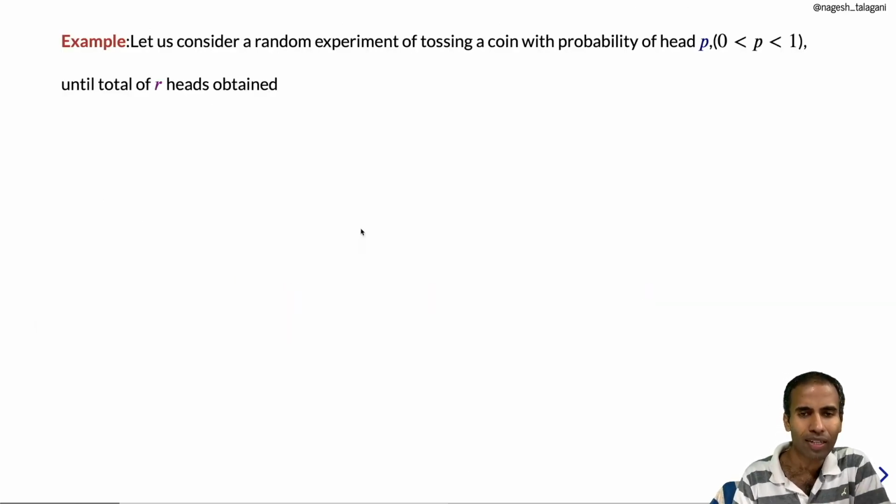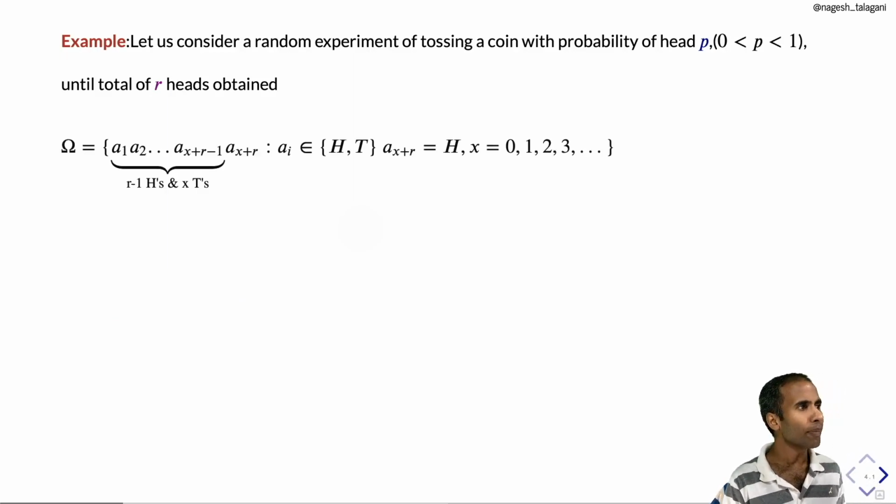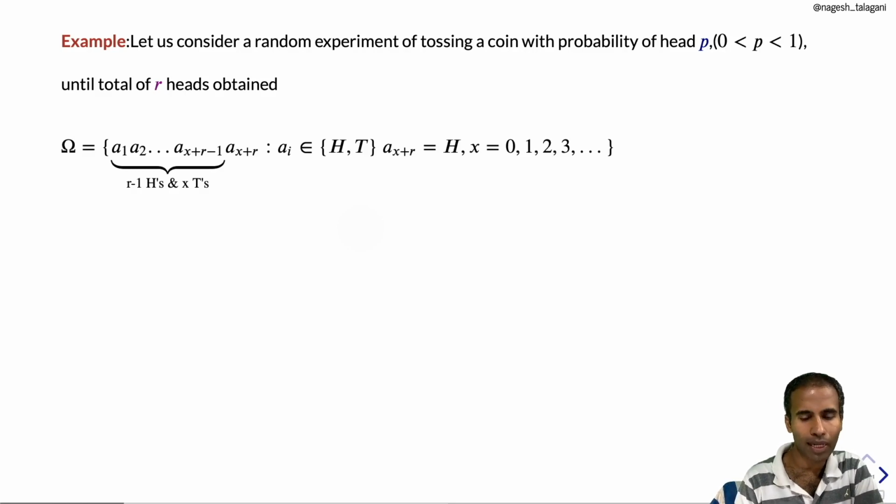Example, let us consider a random experiment of tossing a coin with probability of head p until a total of r heads are obtained. Then the sample space omega consists of outcomes like this: a1, a2, and so on, up to a(x plus r minus 1), a(x plus r). Here, each ai is either head or tail.